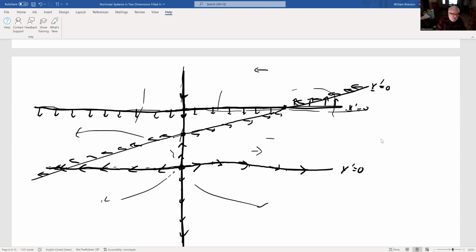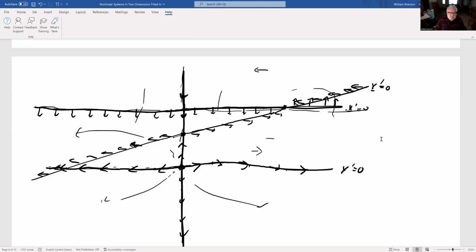Up in here, we don't quite know what direction they're pointing because we haven't gotten any arrows there. Here, we know in this quadrant down here, all your x prime arrows are going to the left, and in this quadrant here, they're all going to the right. So the nullclines actually put a big structure on your vector field because in the regions boxed out by the nullclines, the arrows can't change sign.